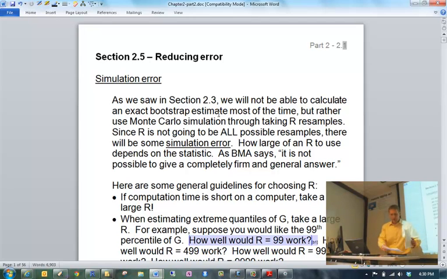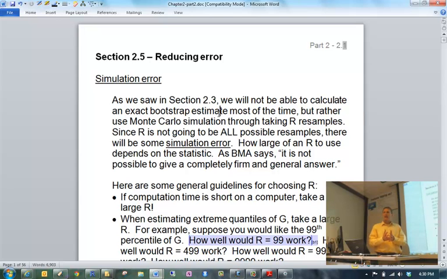So, sections 2.5 and 2.6 are somewhat hard for me to actually cover in a course like this because it does really require having an understanding of what asymptotic statistics is all about. So what I will do is hit the high points.